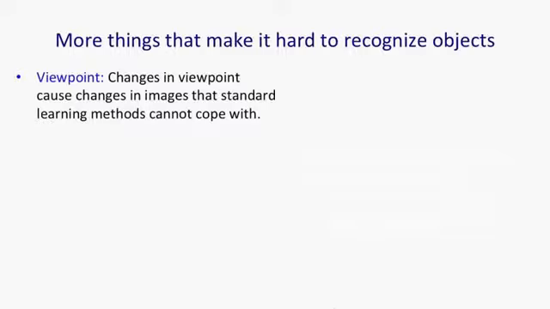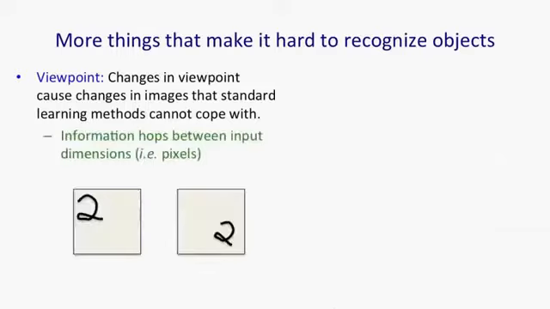One other thing that makes it hard to recognize objects is that we have different viewpoints. So there's a wide variety of viewpoints from which we can recognize a 3D object. Now, changes in viewpoint cause changes in the images that standard machine learning methods cannot cope with.